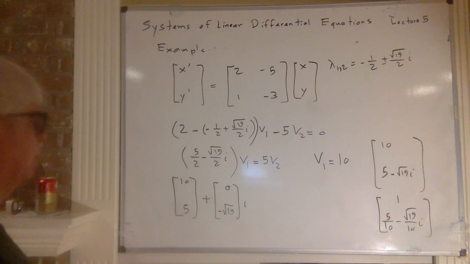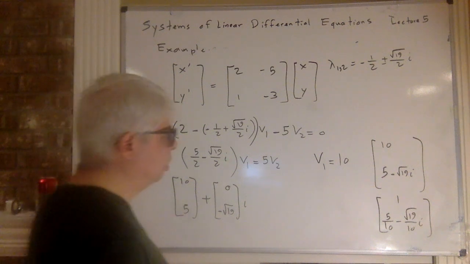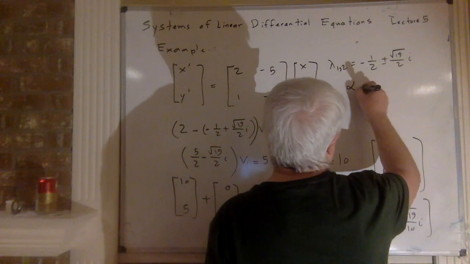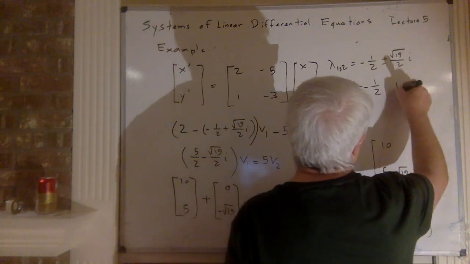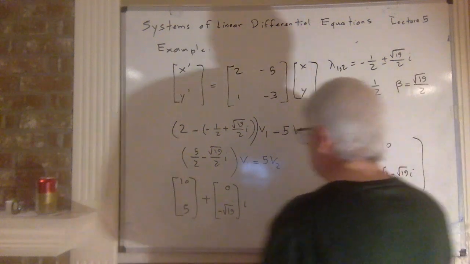And then that A, B, C, D was what? A, B, C, D was this thing, right? And what is alpha? Alpha is minus 1/2, and beta is square root of 19 over 2. Okay?